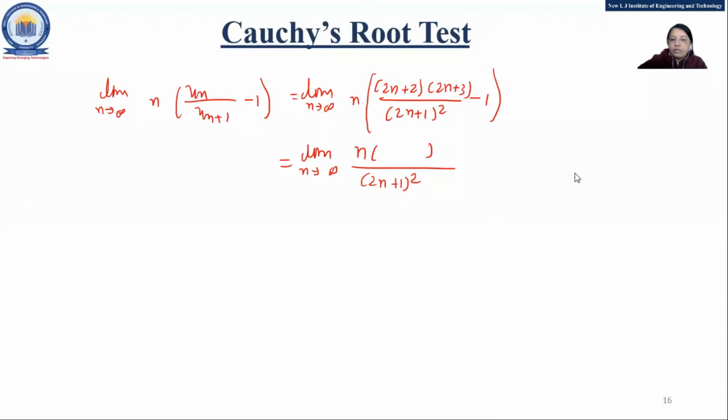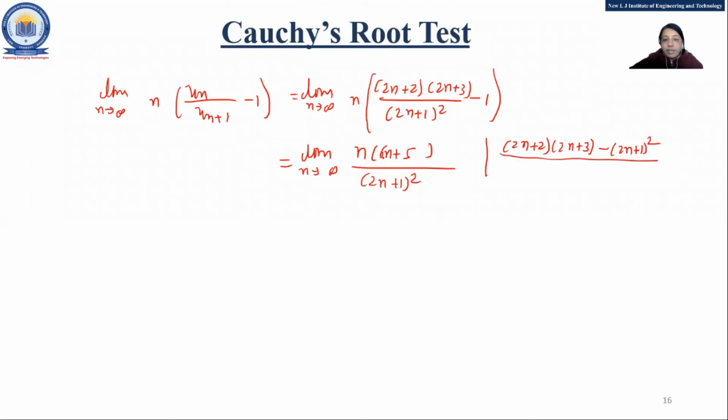I'll write down here 2n plus 2, 2n plus 3 minus 2n plus 1 square. Solution of this I want. Yes, some have written in the chat box 6n plus 5. So you will have 6n plus 5.